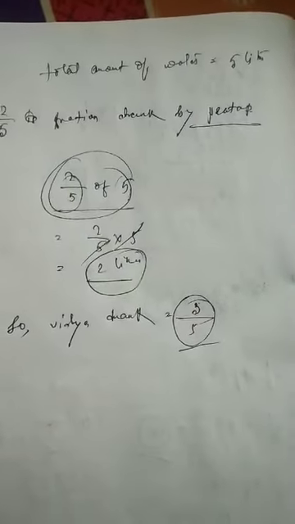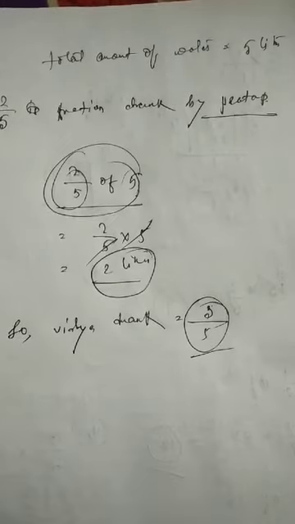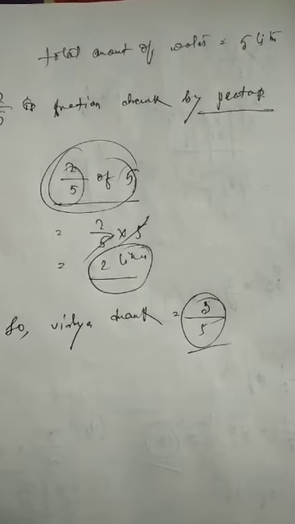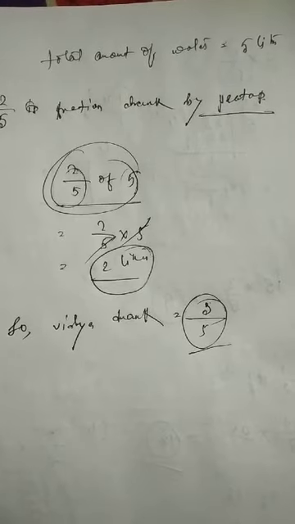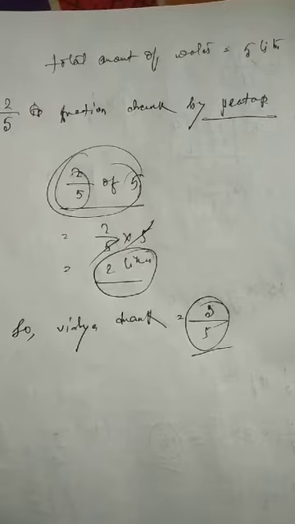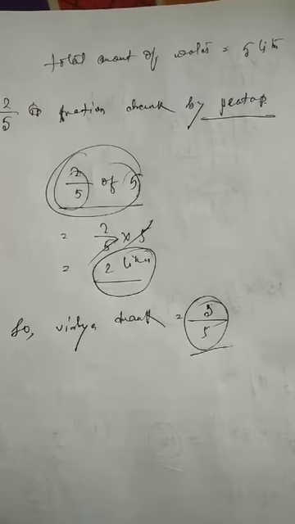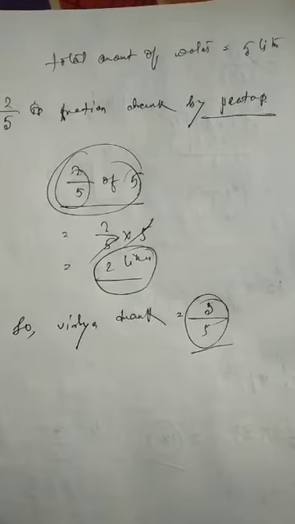I'm repeating my word once again. Total amount of water was 5 liters. Out of 5 liters, Pratap drank 2 by 5. How much Pratap drank? Find out 2 by 5 of 5, means 2 by 5 into 5. It is 2 liters. Pratap drank 2 liters of water.